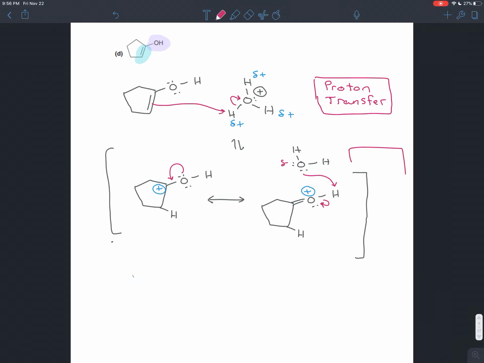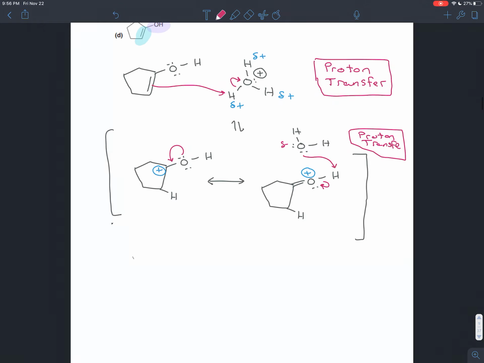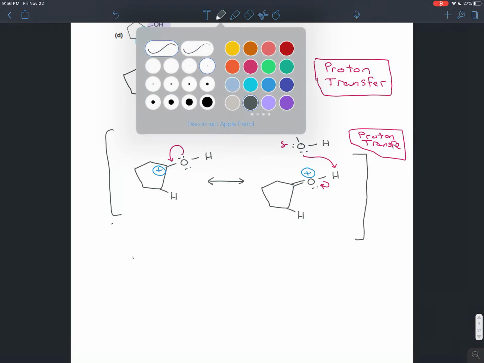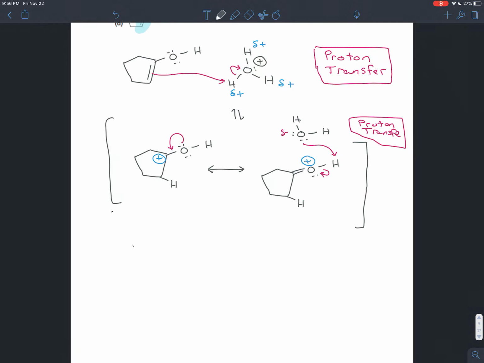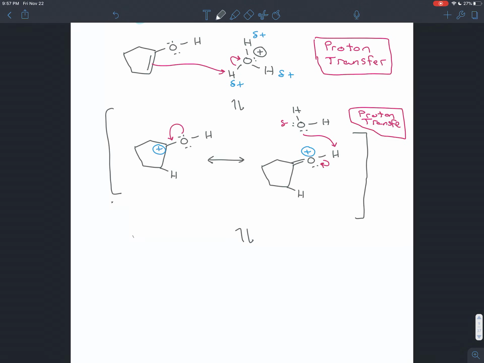Notice that this is a second proton transfer. So one proton transfer puts a hydrogen on, the other proton transfer takes a hydrogen off. It looks like the overall effect is a hydrogen changing places. That's tautomerism, when a molecule changes only the position of one hydrogen and otherwise stays completely the same.